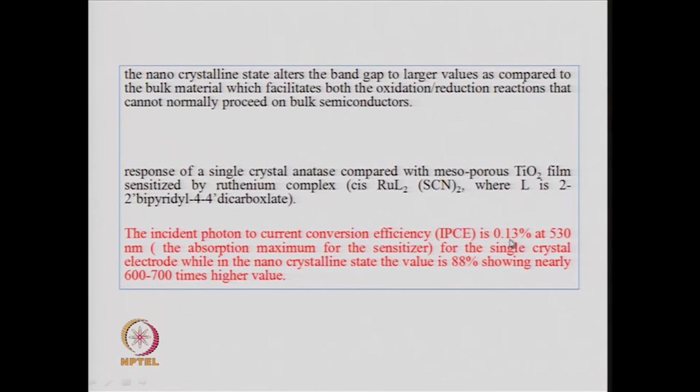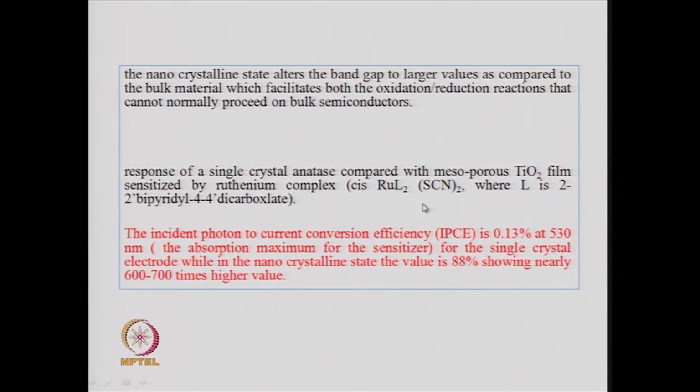photon light to current transfer efficiency, increases drastically. 0.13% was the efficiency of the single crystal, and it became 88% when you take the mesoporous film. So, that is an increase of nearly 600 to 700 times. And what has been changed? The only thing you have changed is, instead of using a single crystal, you are now using a mesoporous titania film.